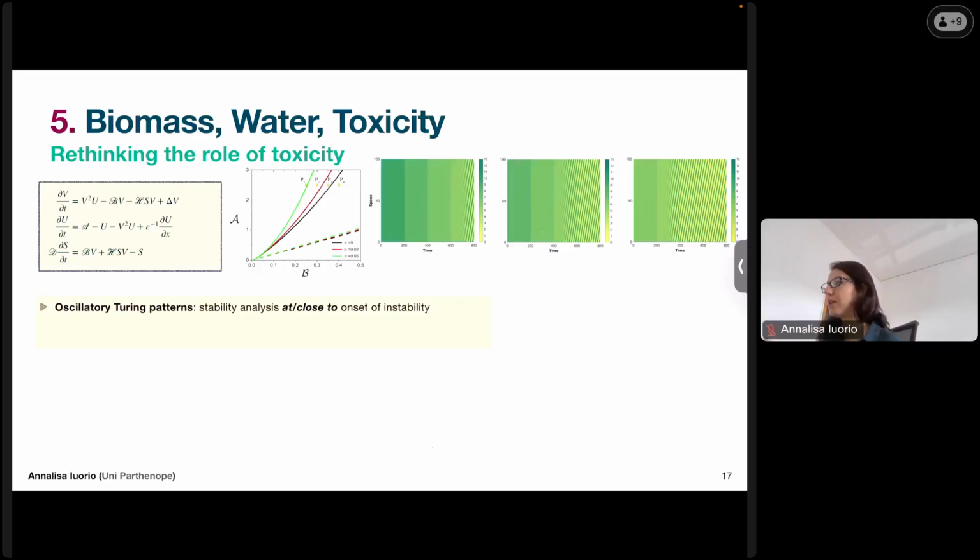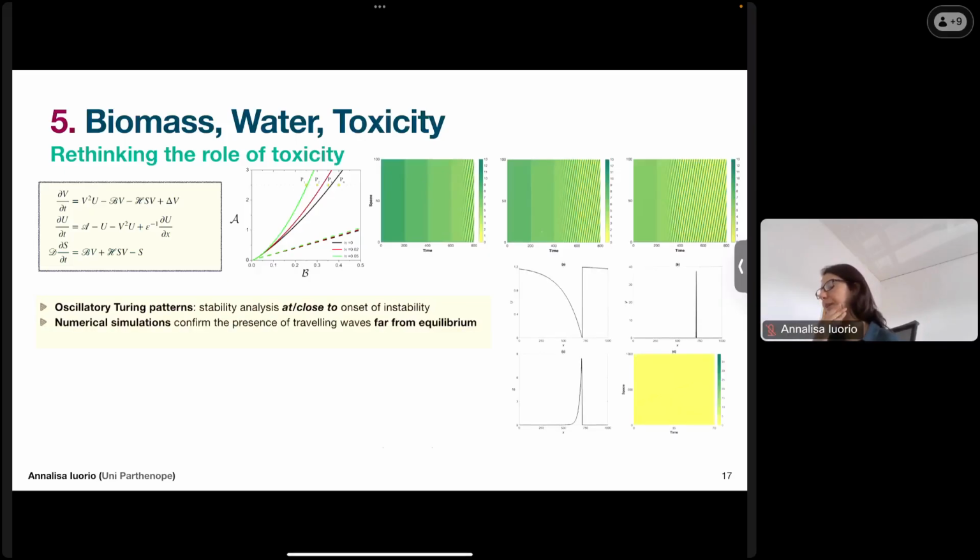our goal was to see, if we are on sloped terrains and the movement is already induced by water, what is the role played by toxicity in this business? And you see that already in a previous paper, it was shown that you can have different types of traveling pulses. So the Messina group has already investigated, using weakly nonlinear analysis, what happens at or close to the instability threshold.